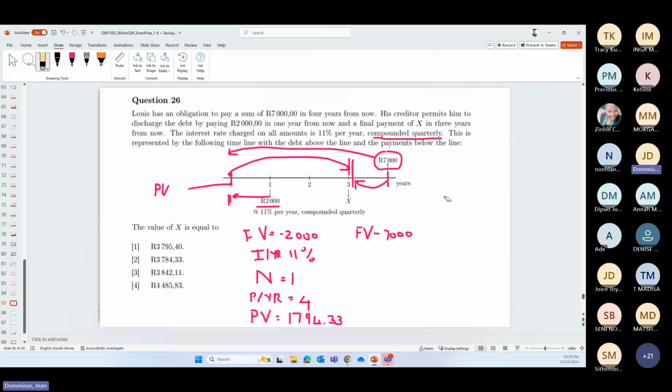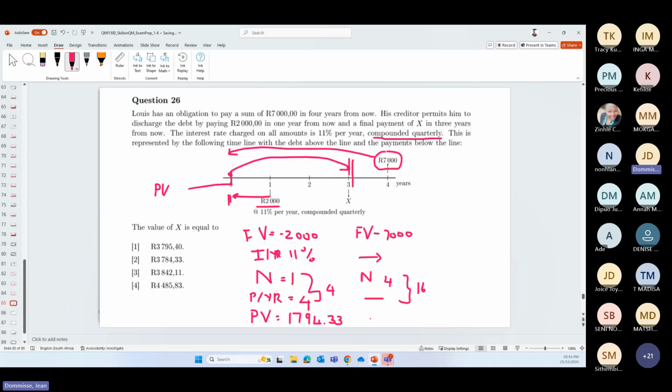That's the one thing that changed. We're not going to move it to there, we're going to move it all the way back here. Interest rate stays the same. N now is 4 years. That stays the same, but now this will become 16, where that was 4.